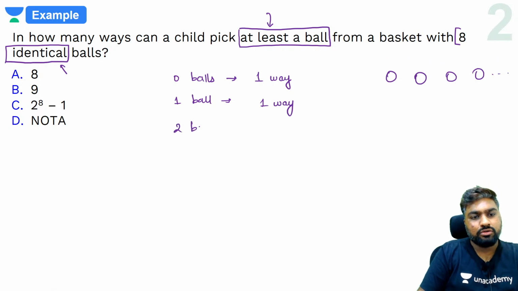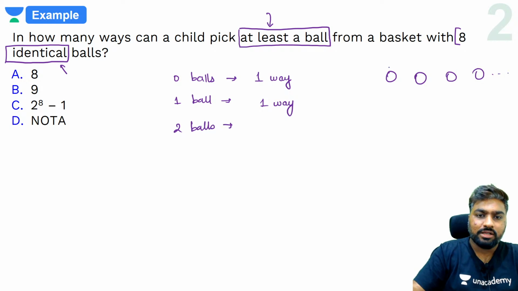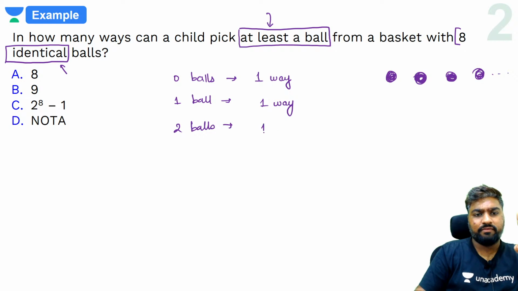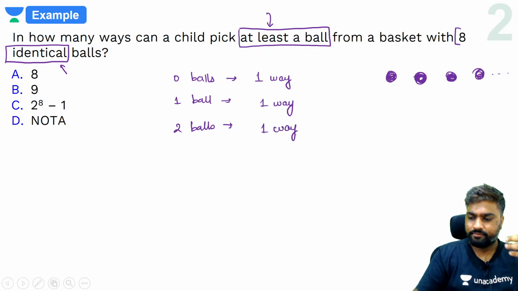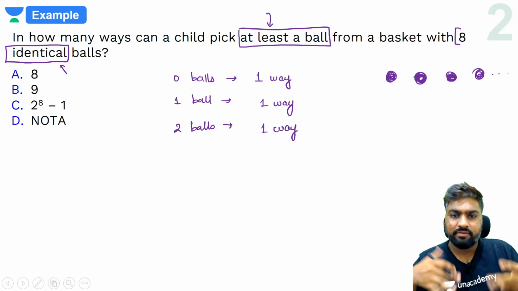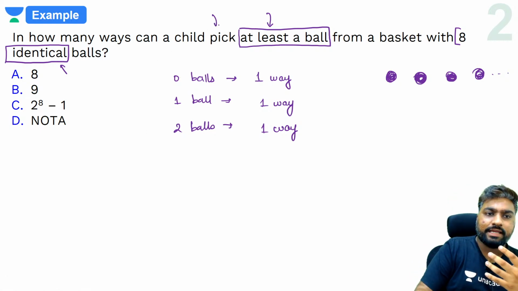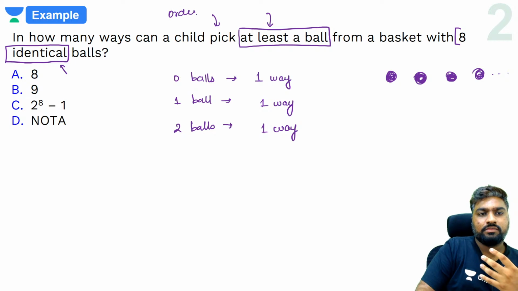If I select two balls, since both the balls are the same, this is also a purple colored ball, this is also purple, basically meaning there's only one way of picking two balls, correct? Whatever order doesn't matter, because we are only picking, we are not arranging. Order does not matter.